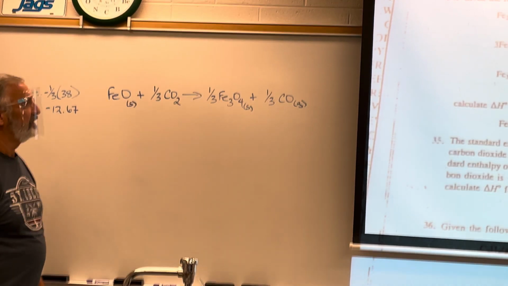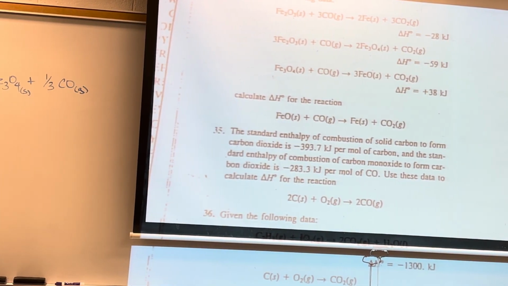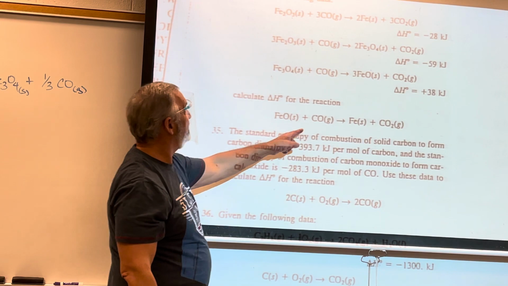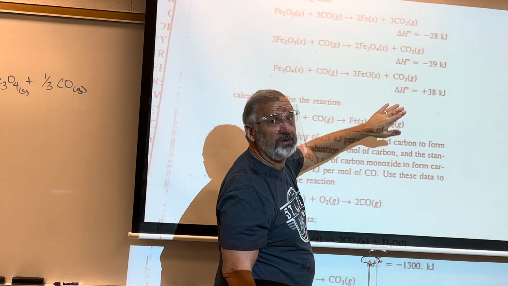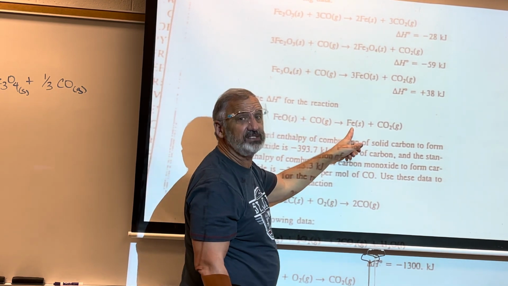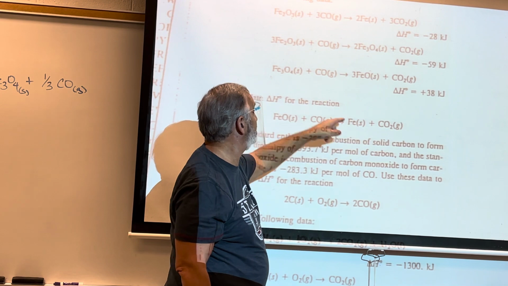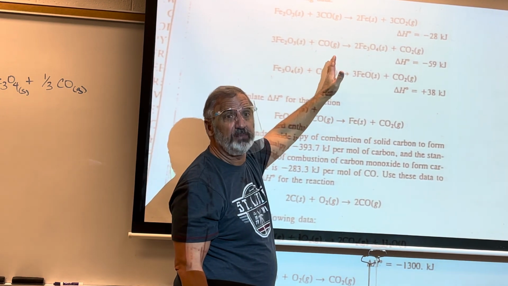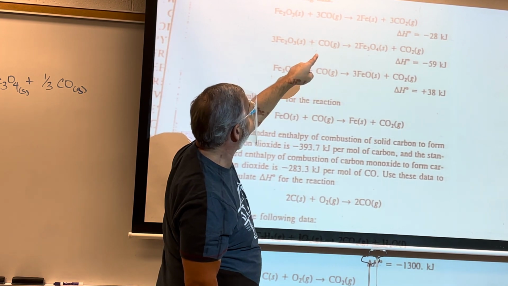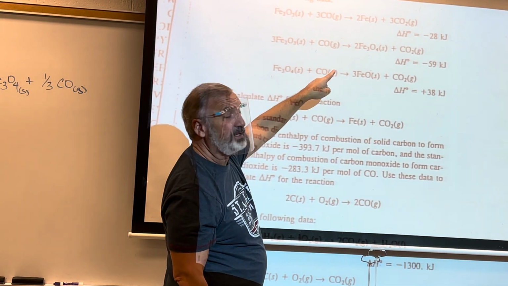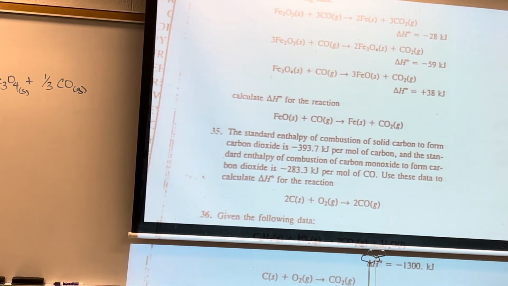Okay? Now which one can we do? Well, see, CO is in all of them, right? CO2 is in all of them, so I want to leave those, so I want to just do my Fe solid, because it's only in one place. I'm going to get confused if I'm trying to do the ones that are in multiple places. So my Fe solid is only in the first equation. But I only need one and I have two, so I just have to multiply that first equation by a half.